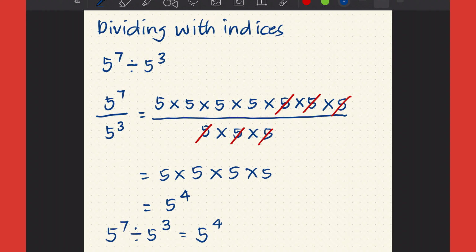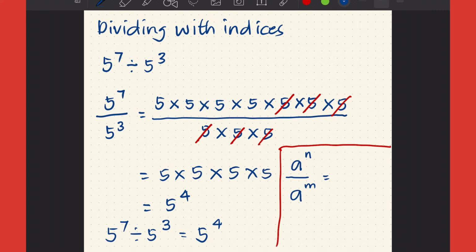Okay, then it will give us the rule that when we divide numbers with the same base, what we do is we subtract the powers. So let's say we have a raised to the power of n over a raised to the power of m.